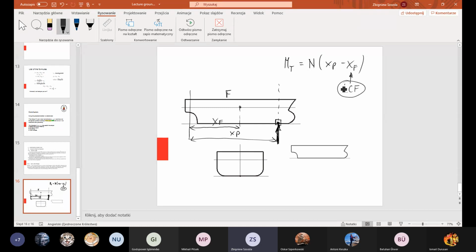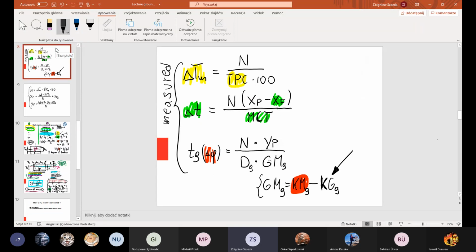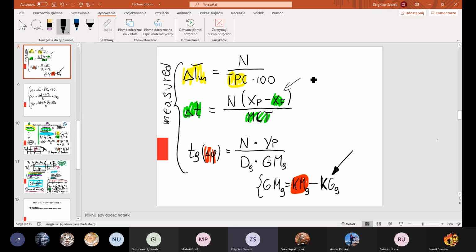But I wanted to use the same abbreviation as here on the slide. This is the same as LCF, longitudinal center of flotation. And moment to change trim, of course, you should understand.